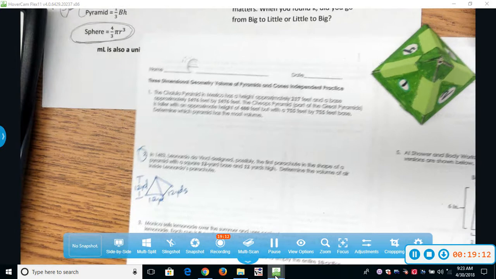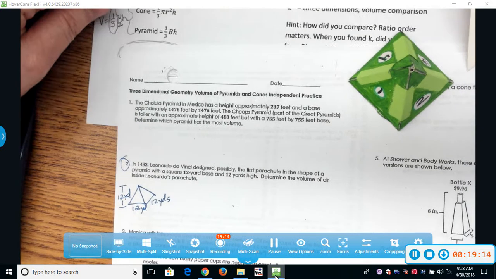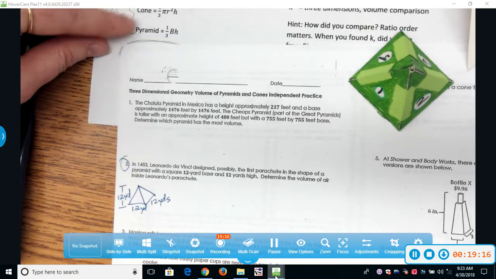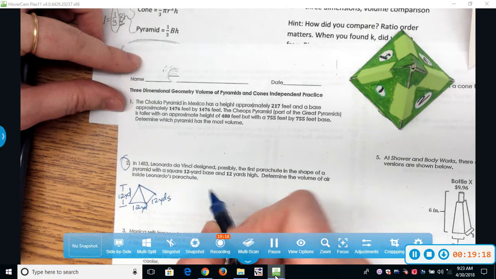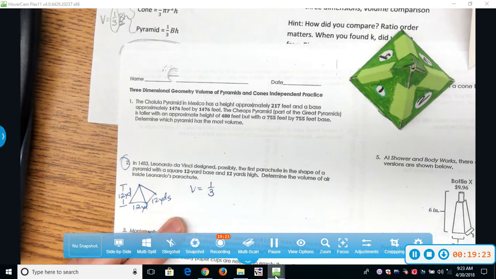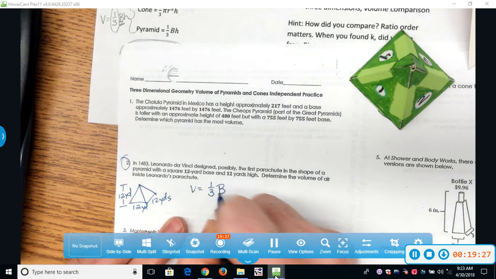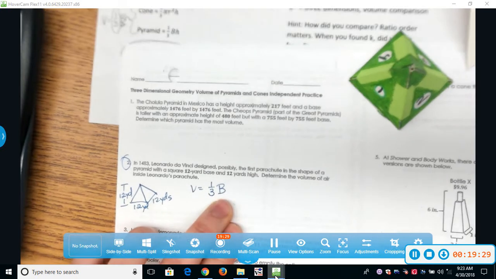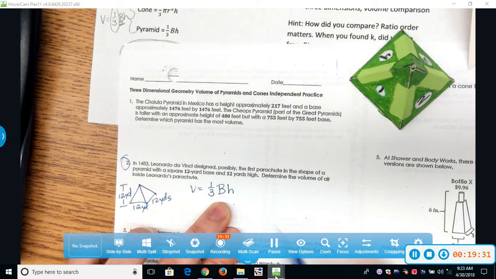So, we have a pyramid. Let's look at the formula, which is right up here. Your volume is 1/3 the base height, or sorry, the base area times the height.